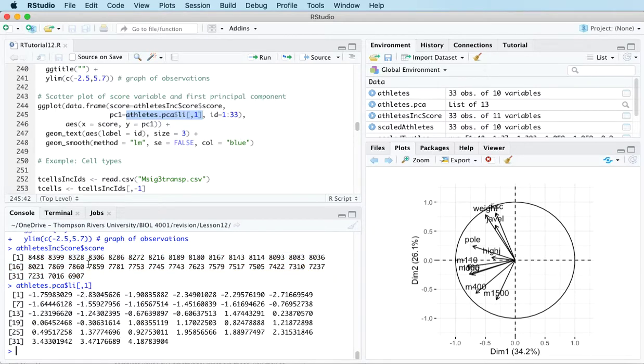Before I actually draw this graph though, one thing to note is that these decathlon scores, the higher the better, whereas these principal component scores were reversed because the loadings were all negative. All the arrows are pointing to the left. And so when I draw this graph, I'm probably going to get a line that has a negative slope rather than a positive slope.